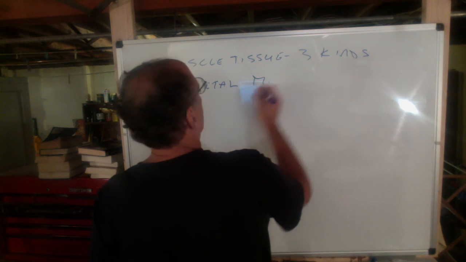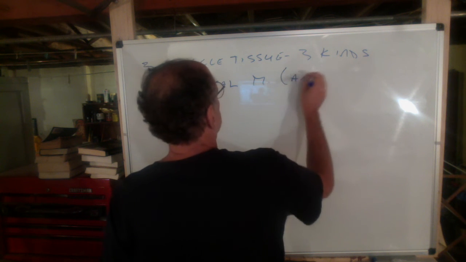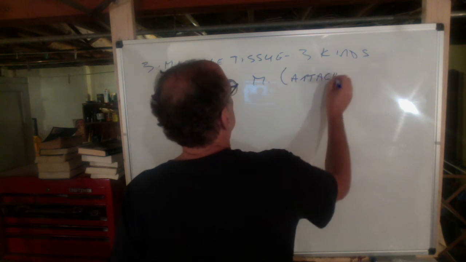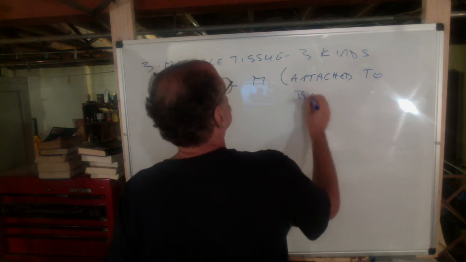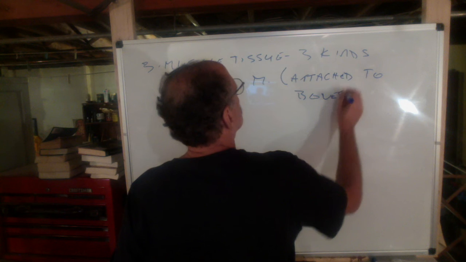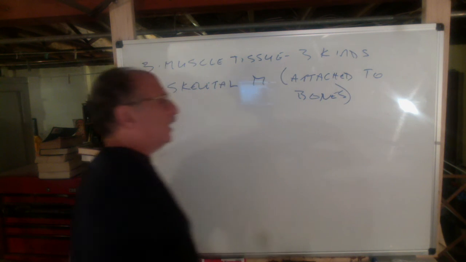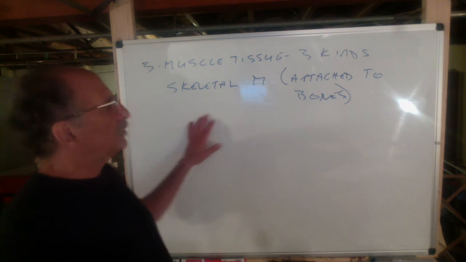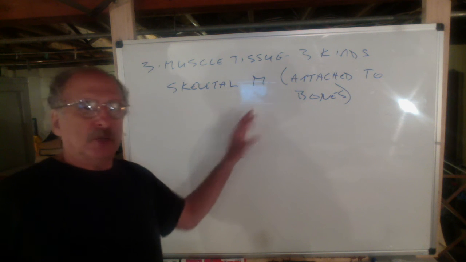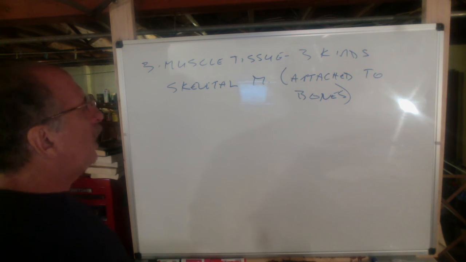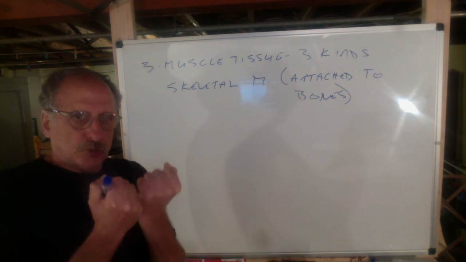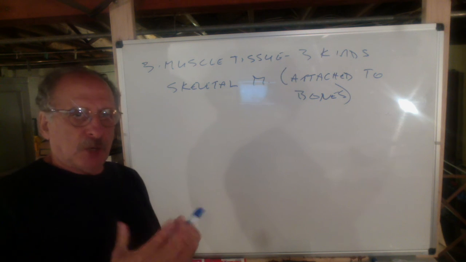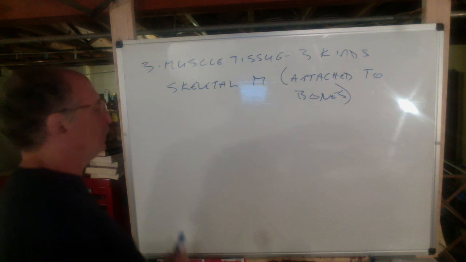It's called skeletal because it's attached to bones. Your bones make up your skeletal system. Your skeletal muscle is attached to your bones. The muscle cells shorten, they pull against the bones. That's what moves your body around.